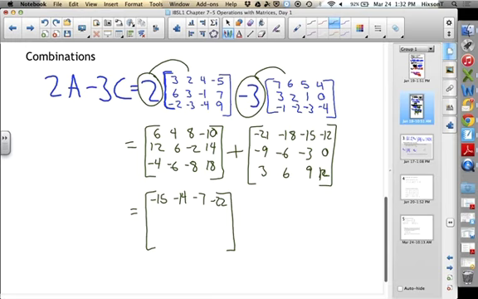Want to give us the second row? 3, 0, negative 1, negative 5. Okay, good. And how about the last row, Jacob? Negative 1, 0, 1, 30. Alright, good. So any combination of these, you just find the multiples first, then add the corresponding elements together.